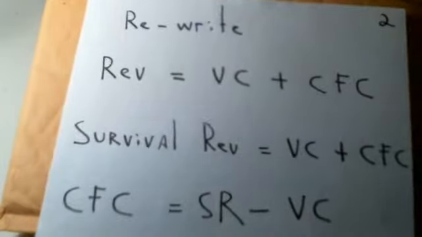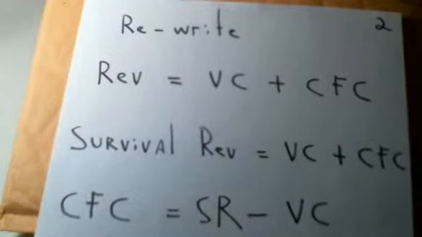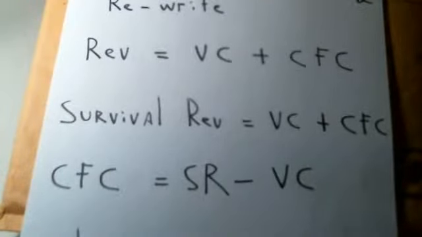So what we have to do is reorganize that mathematical equation to read revenue equals VC plus CFC. That's just simply a matter of moving some of the variables to the left and some to the right. With revenue, we want to reclassify that and just call that survival revenue, basically the revenue point at which it covers all the VC and the fixed cost.